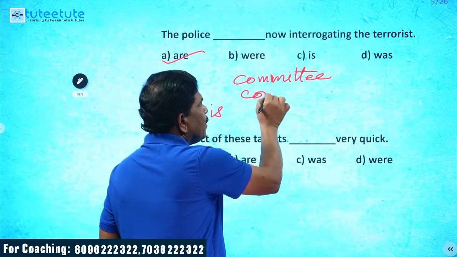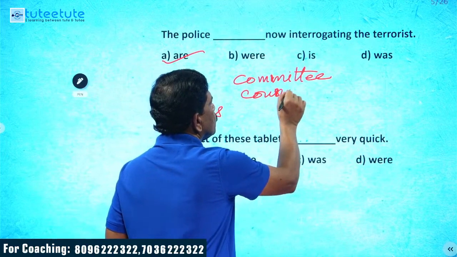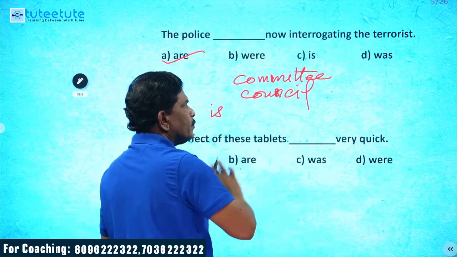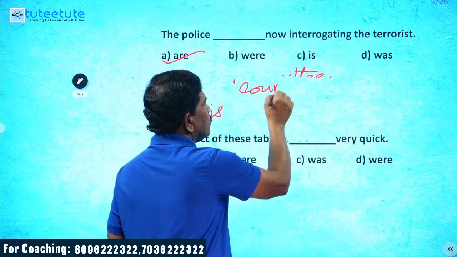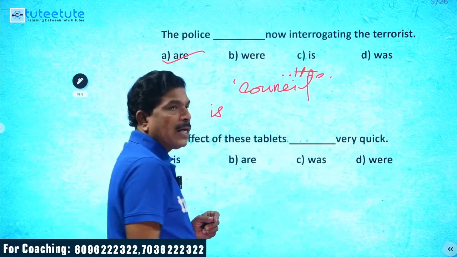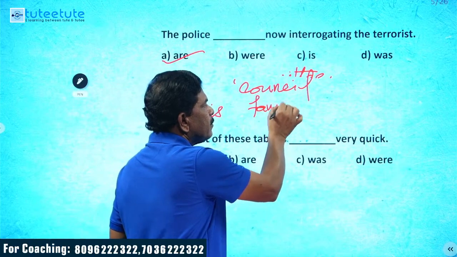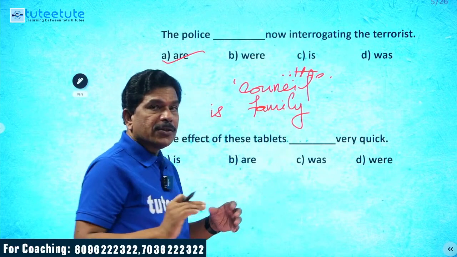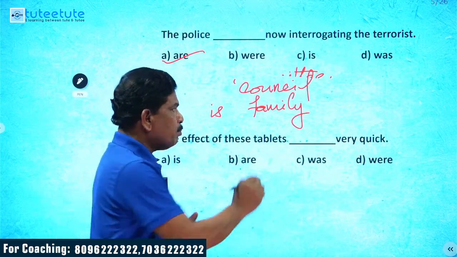Then you have seen council. Council, committee, council. Then we have family. Family consists of more than one person. A council consists of more than one person.